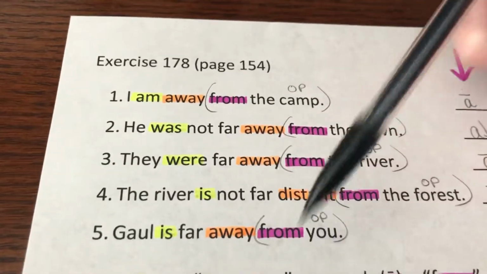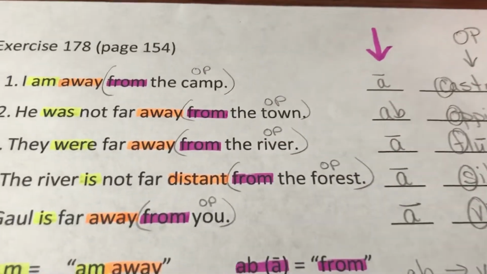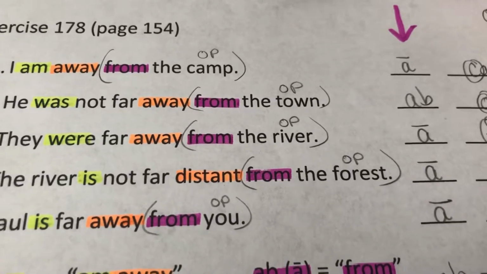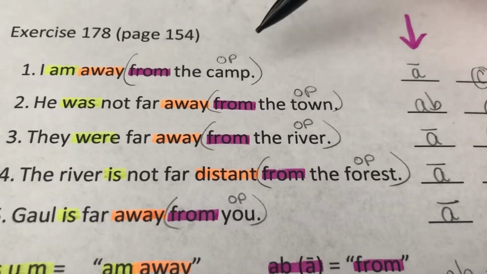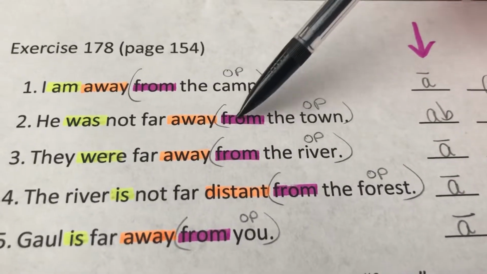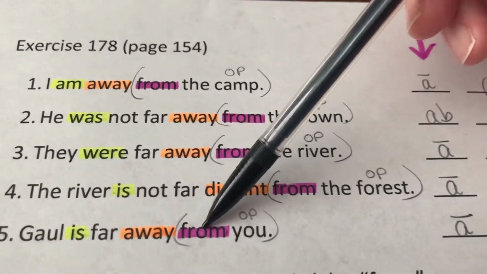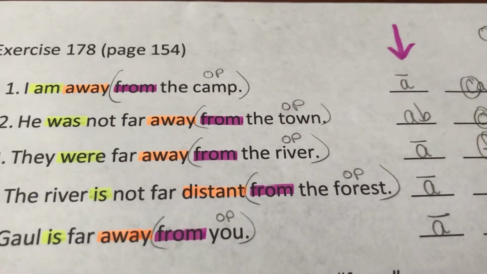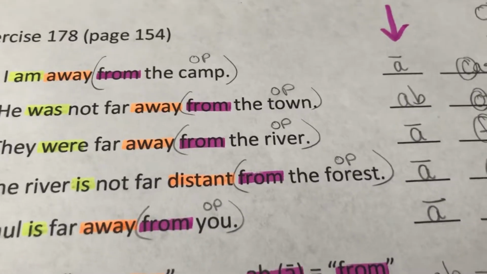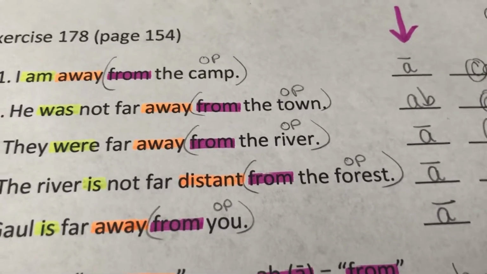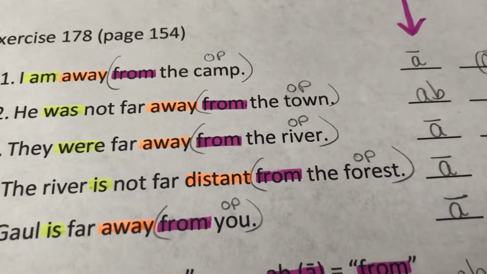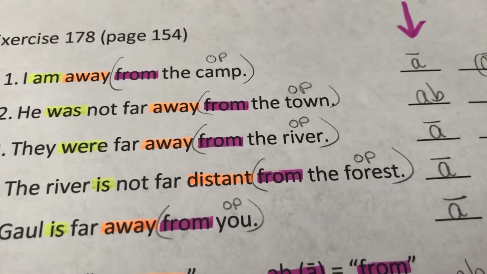After that, I asked, what do you notice about the rest of the sentence? Somebody recognized that we had "from" in every single sentence. Idiomatically, that just happens to be the preposition. When we talk about being away or distant, we usually say we are away from something or distant from something.